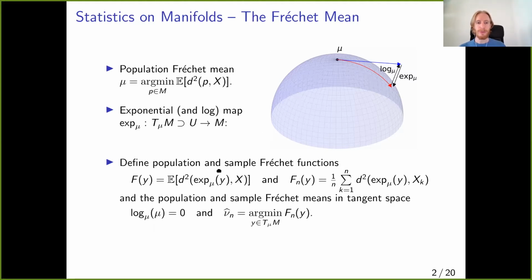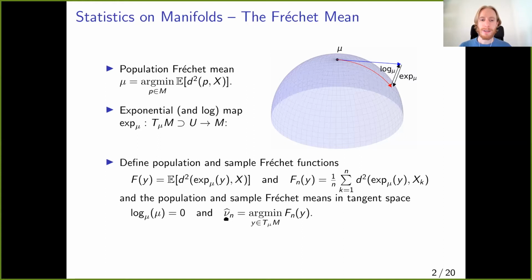And so we define the population and sample Fréchet functions with the help of this exponential map at the population mean, so that the argument is in a linear space. In that sense, we can represent our sample means as linear vectors in the tangent space of the population mean. And the population and sample means in this tangent space are, well, 0 for the population mean by definition of the tangent space at mu.